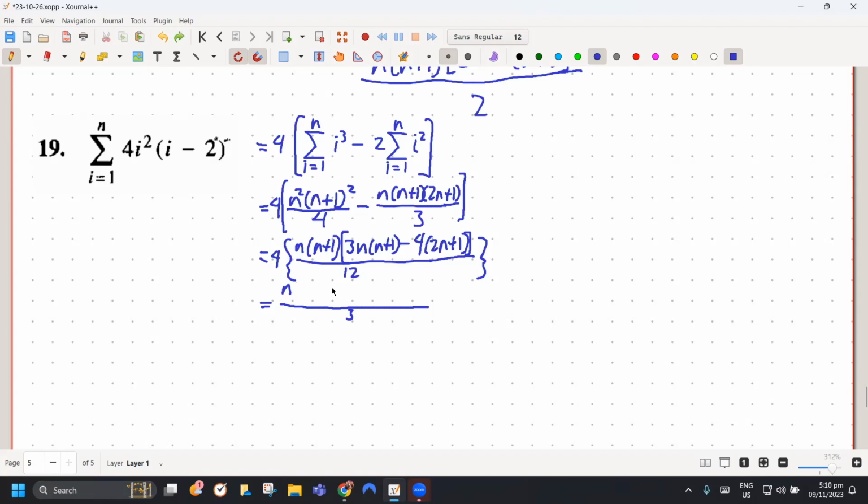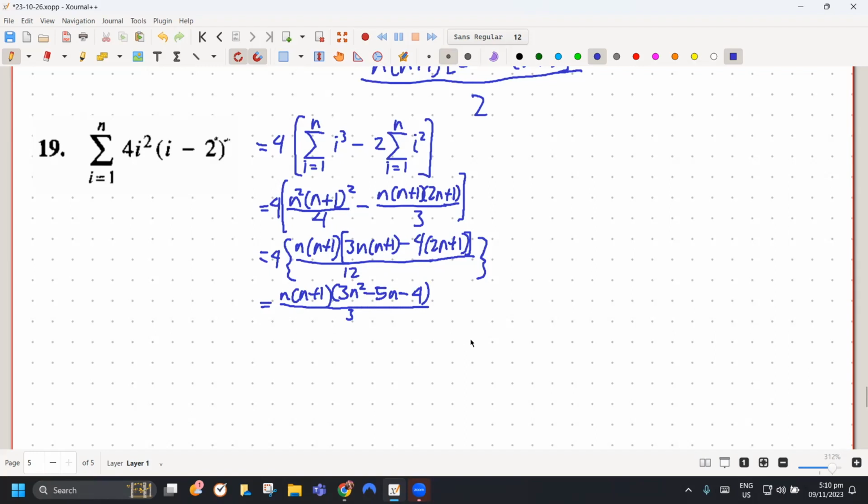Simplify mo lang yung nasa loob ng square brackets mo. And plus 1. 3n squared plus 3n, 3n minus 4, 2n minus 5n minus 4.